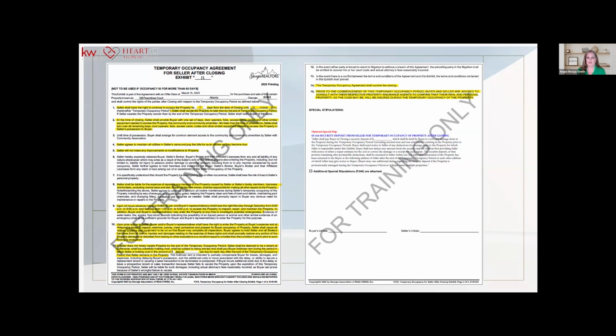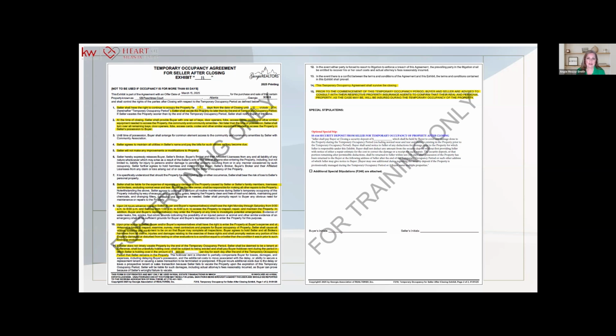So when they move out, and if the wall gets scuffed up, or if something gets damaged and a piece of door frame gets torn off, or something gets broken, then while we're not going to be the one enforcing it, we're not a judge, we're not an attorney, we're not going to act in that capacity, the seller would be legally responsible, and if the buyer had to take them to small claims court to try to hold them accountable, nevertheless, it would be a legal issue between buyer and seller.